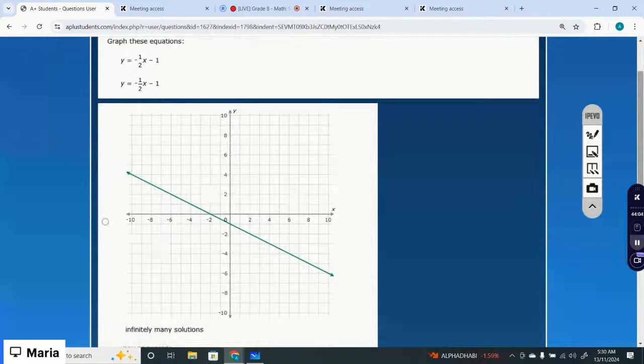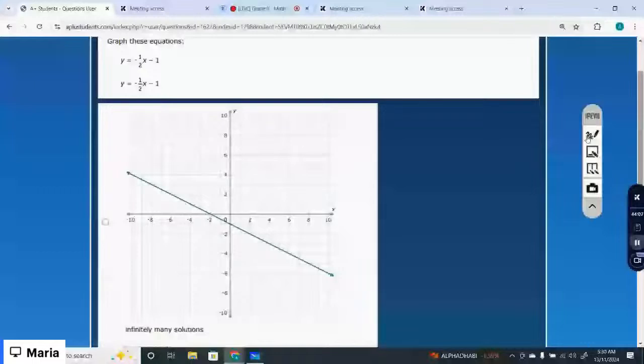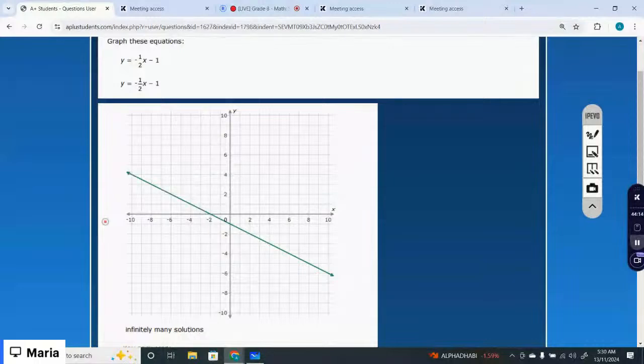That means option number 1 is the correct option. That's the same line and infinitely many solutions.